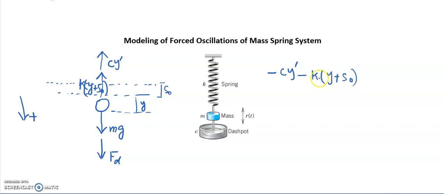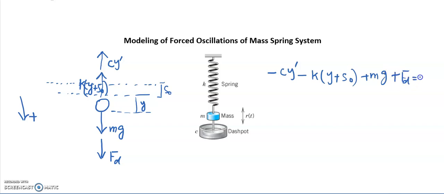Out of this total stretch, ks naught is balanced by the weight of the mass, so plus mg. That means the weight of the mass and ks naught will be equal to each other and they will cancel out. We have already seen this in the modeling of free oscillations. Later on we will cancel out, and then there will be the driving force.